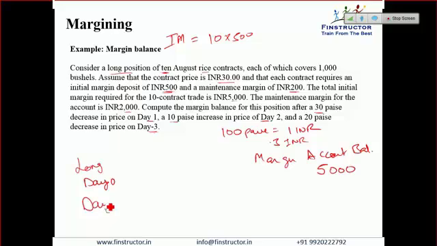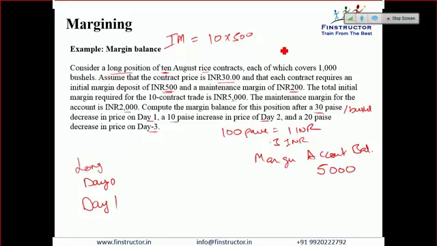At the end of day 1, the price has decreased by 0.3 INR per bushel. Then what will be your loss? If price goes down, a long position loses. If price goes up, a long position gains, as we've been studying.